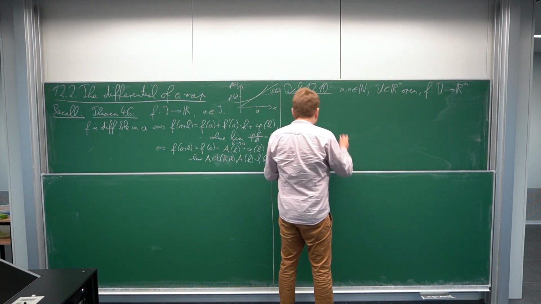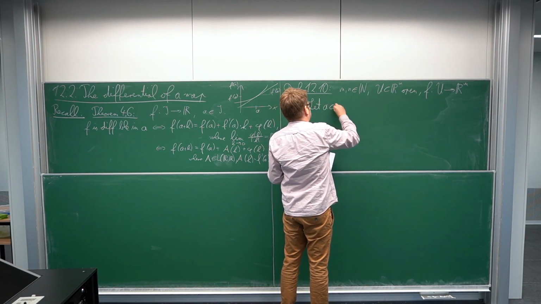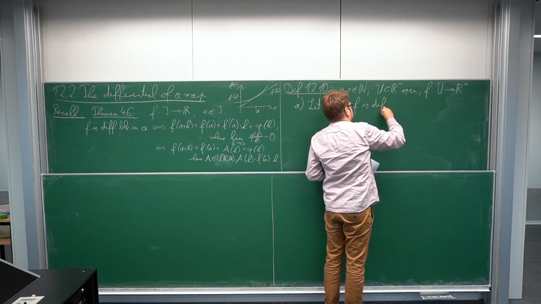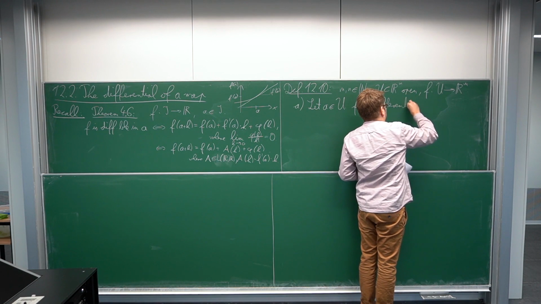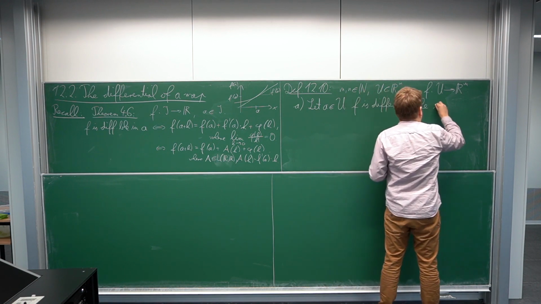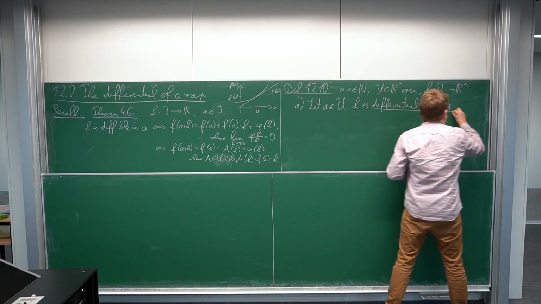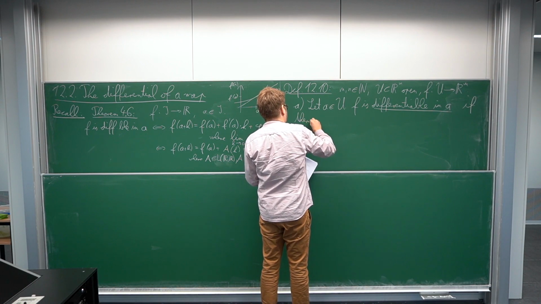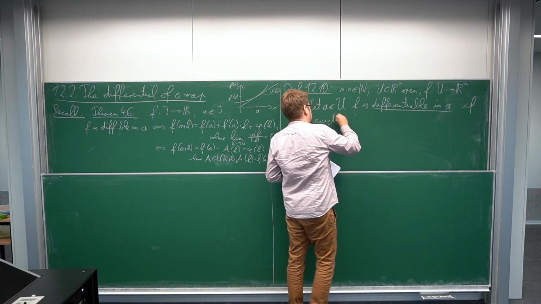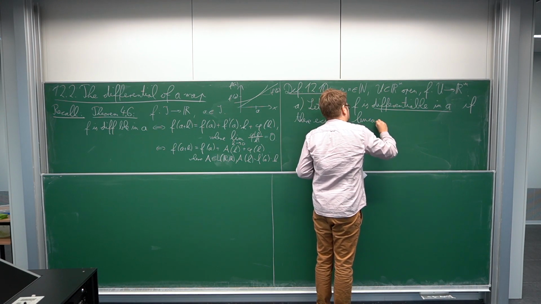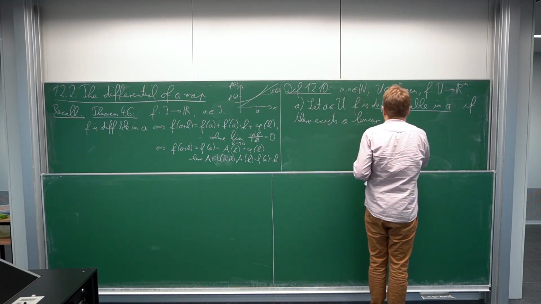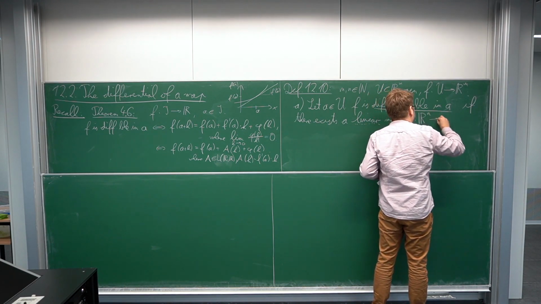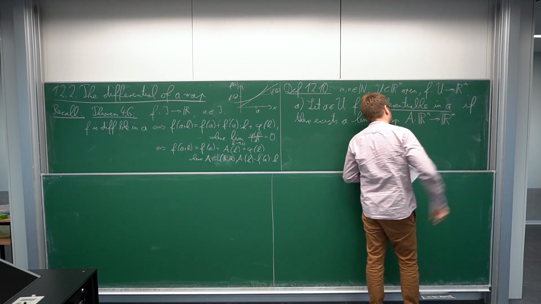Now, let a be a fixed point in U. Then f is called differentiable in a if, and now we go the way I mentioned, there exists a linear map, and linear is the important word here, which I will again call A. I hope this is not confusing with respect to matrices, but now it's a linear map, which is almost the same as a matrix in this case.